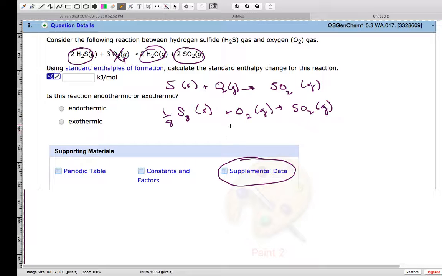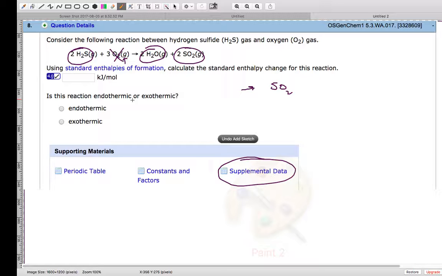But anyways, this was just to show you where the enthalpy of formation is coming from, and what the formation reaction means. Now, you don't necessarily need to know how to write the formation reaction in order to do this problem, but what you do need is to find the enthalpies of formation and use them properly.